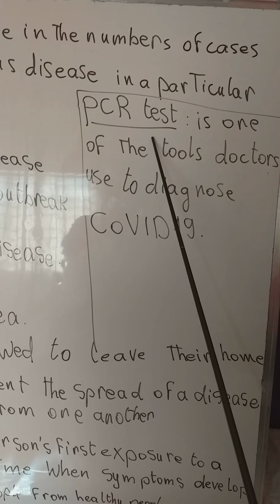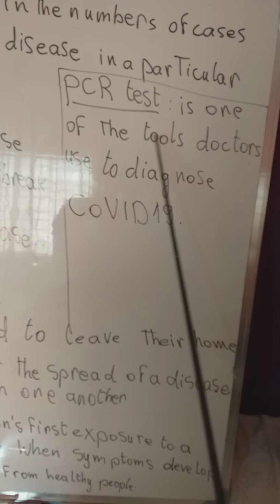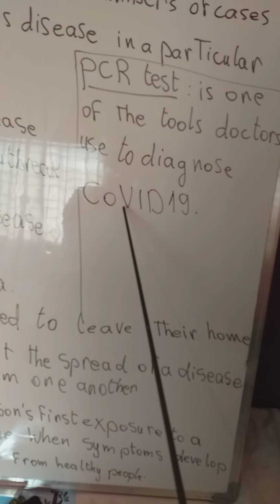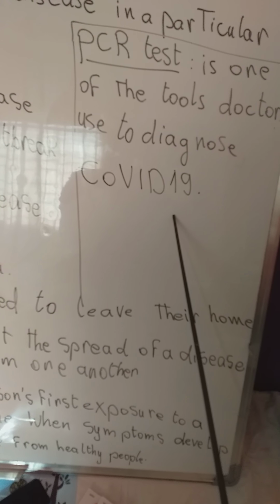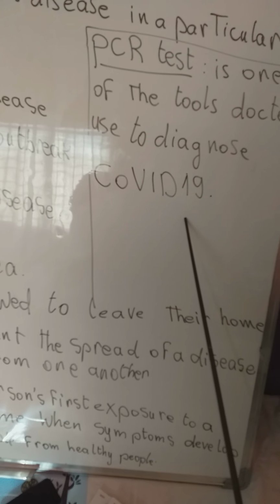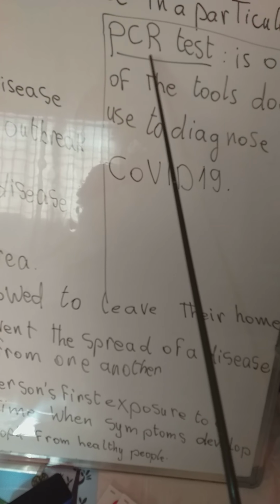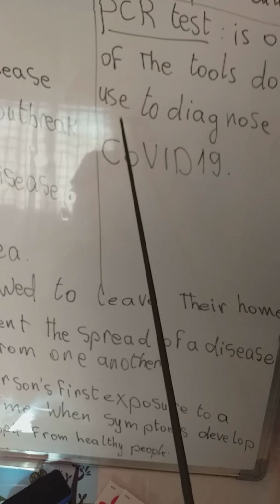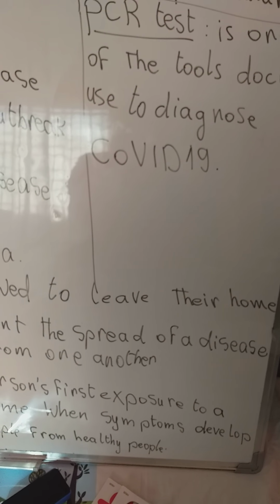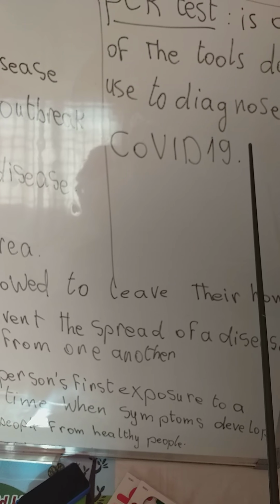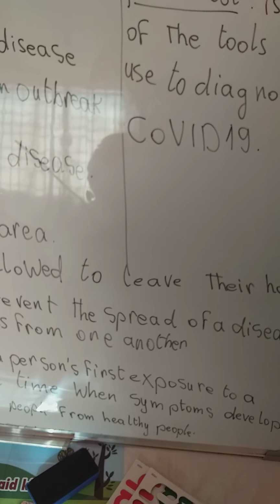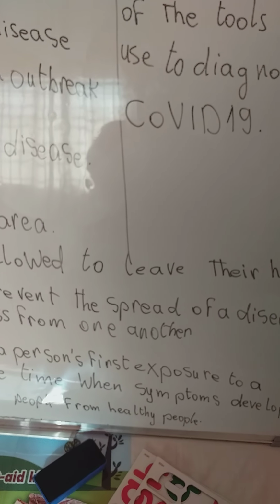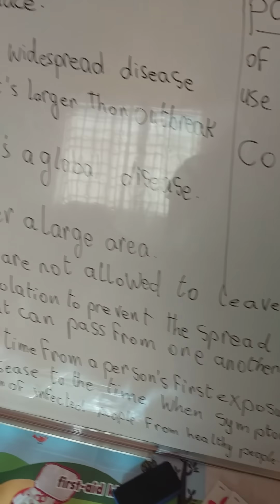PCR test is one of the tools doctors use to diagnose COVID-19. Okay? So, when people do this test, there is test negative and test positive. Test negative is when you don't have the infection, and test positive is when you have the infection.